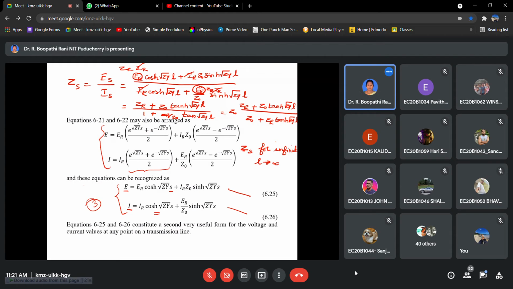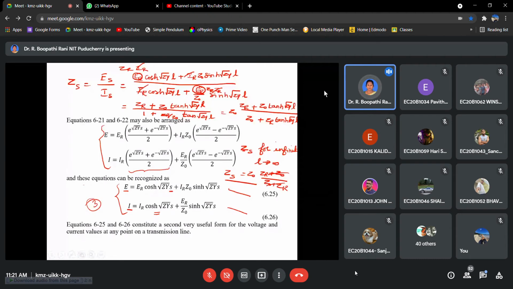So what will happen? What is tan H infinity value? Tan H infinity is 1. So Z naught multiplied with ZR plus Z naught divided by Z naught plus ZR. These are cancelling. So sending end impedance is equal to Z naught.